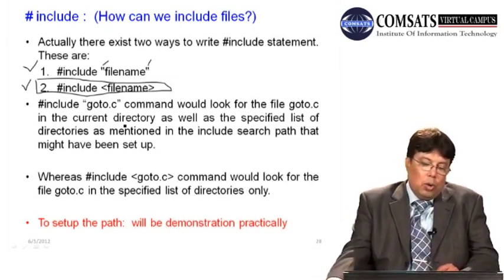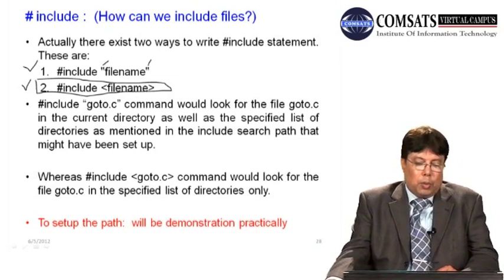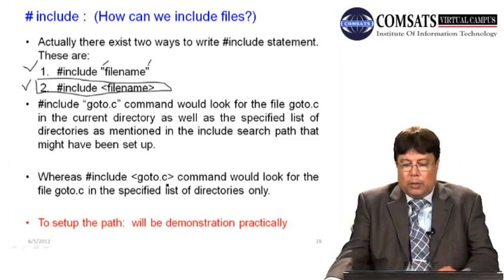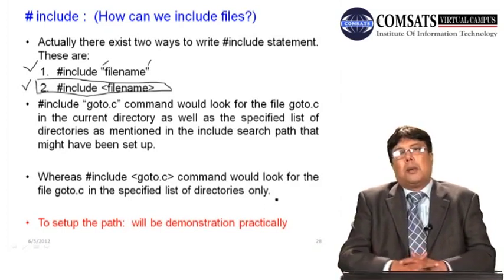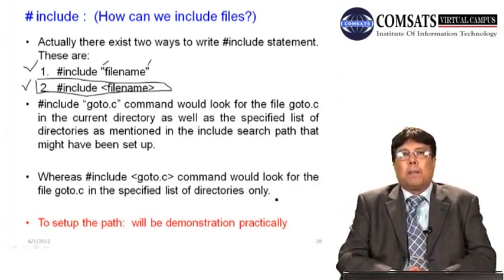But if you use the include command with angle brackets, it would look for the file in the specified list of directories only. अब specified list of directories क्या है?